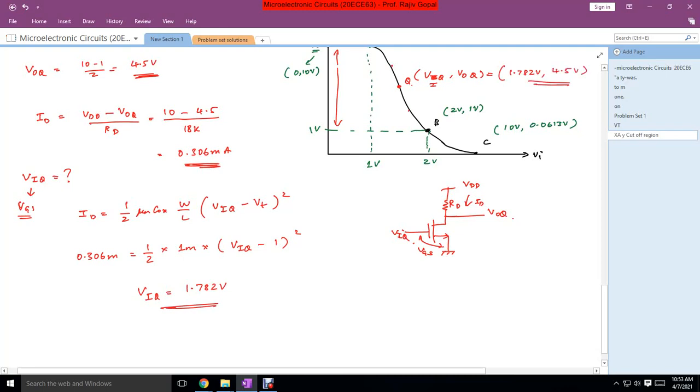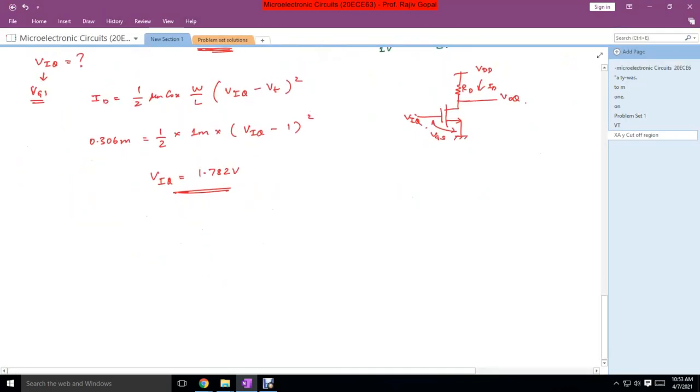Okay. So Q point also done. Now I have to find gain. What is gain? Usually how gain is calculated is you draw a tangent at the Q point. Okay, graphically speaking, draw a tangent at Q, take the slope of the tangent, you will get delta V naught by delta Vi. That will give you gain. But we also derived a formula for gain.